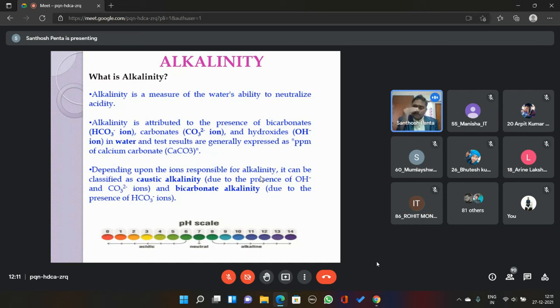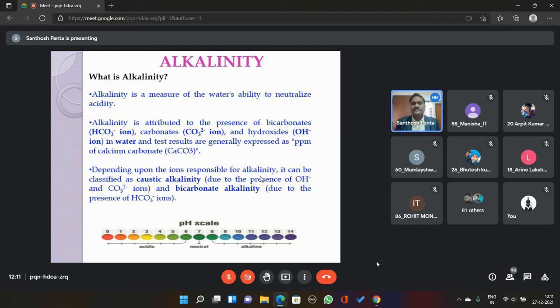So this is the alkaline nature, which should be titrated with standard acid. Hence we give the definition like this: the capacity of water sample to neutralize the acid is nothing but alkalinity, because alkalinity means the increased concentration of hydroxide, carbonate, and bicarbonate.